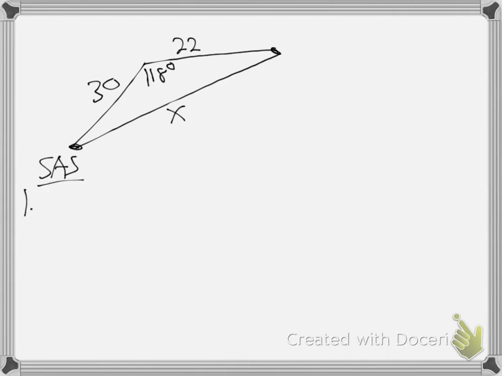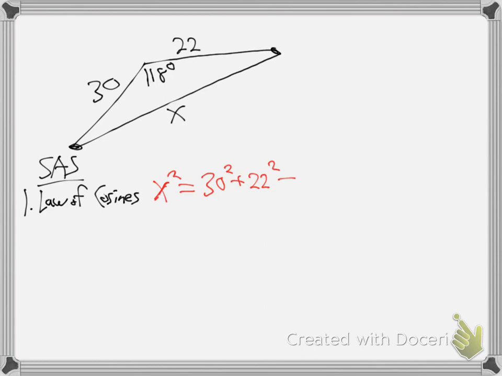Step 1: law of cosines. When we do the law of cosines, they're no longer called A, B, and C. We just have to use the general idea. Obviously we want the X, so let's start with that. X squared is going to equal the other two sides squared, either order, doesn't matter at all. You put the 22 first and the 30. So any side squared is the other two squared, like the Pythagorean theorem at first.